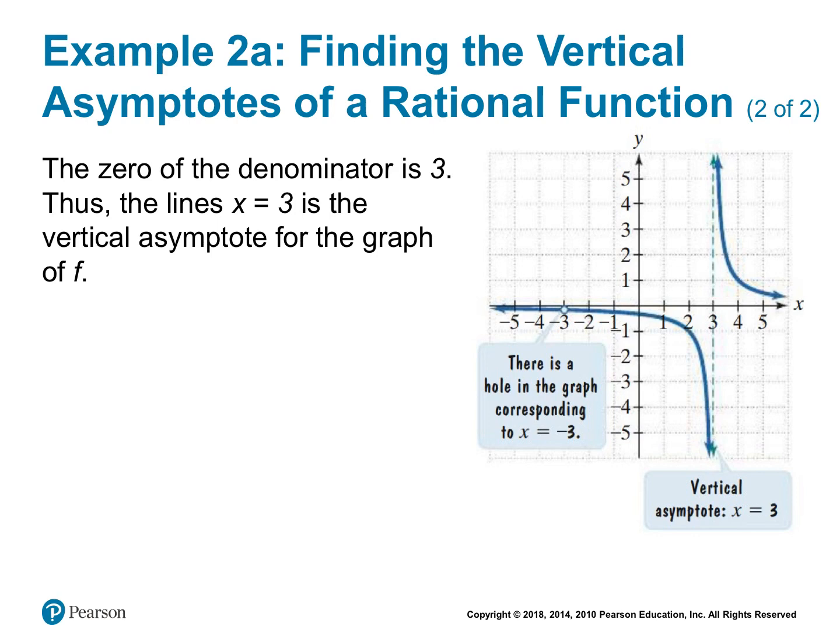And this shows a visual of it. The zero of the denominator is 3, so that's where we get this green dotted line. And then you can see that the two curves are approaching that vertical line.